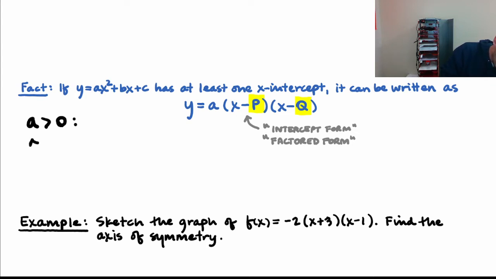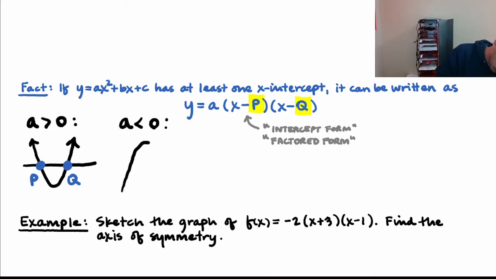That would be the parabola opening up and having a couple of x-intercepts, p and q, or maybe backwards from that, but these are the two x-intercepts. Say one has to be less than the other. And if a was negative, then it would look somewhat similar, and we'd have two x-intercepts, p and q, right there.